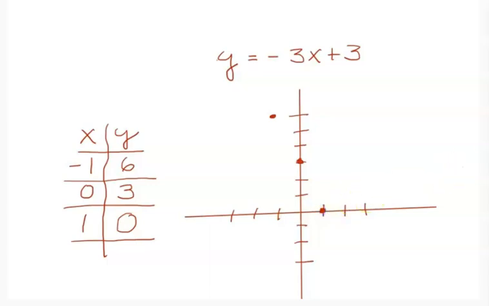Now you'll notice that all of these points are in a straight line. And that is sort of proof of the pudding that these are in fact ordered pairs that are proper for this equation. This is a linear equation. Our values are only to the first power, so we end up with a straight line.